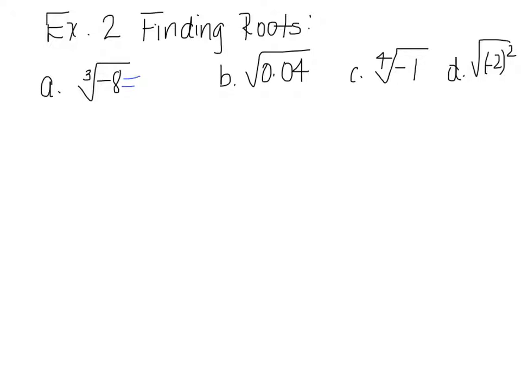So for the first one, the cube root of negative 8 is negative 2. The square root of 0.04 is 0.2. The fourth root of negative 1 we can't do, so we just write no real root because we're only doing real numbers. It has a root, but it's not a real root.